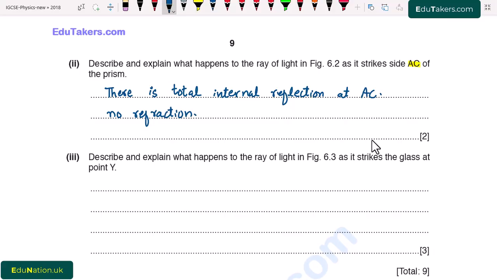In this case, the angle of incidence must be larger than the critical angle. That is the condition for total internal reflection.